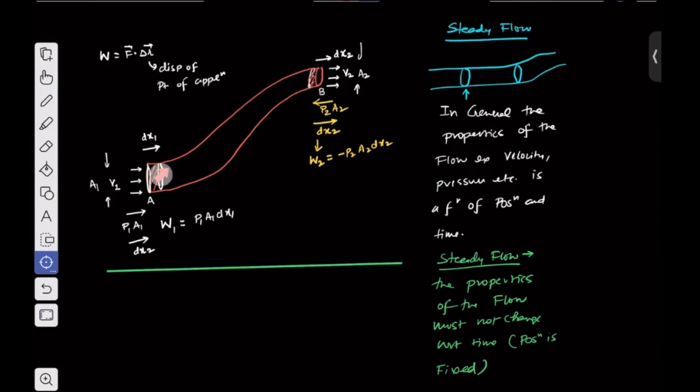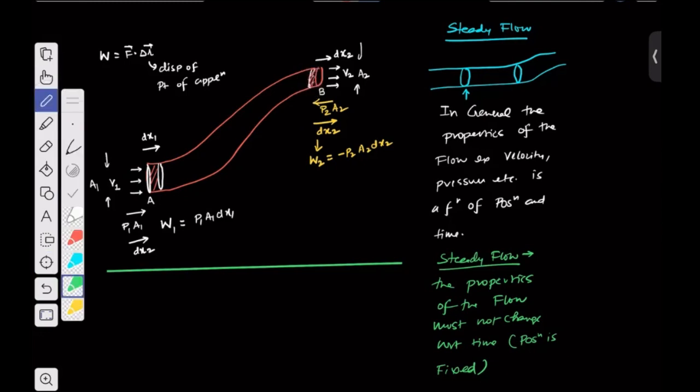And whatever other particles are there in between, their speeds are not changing with time at whatever cross section they are present. So the particles in between will not have any change in kinetic energy. The change only happens because of the one that is pushed in and the one that is pushed out.